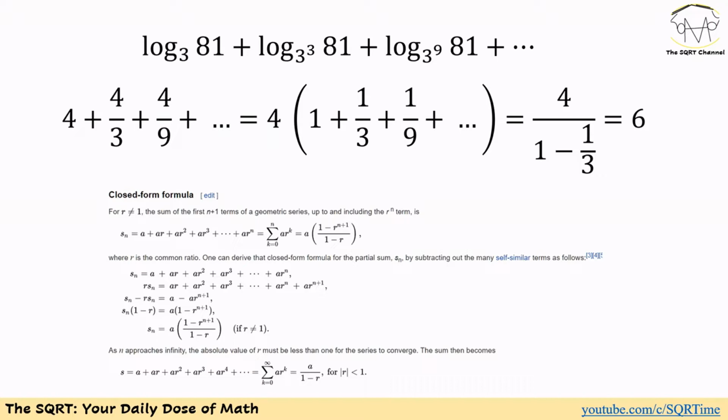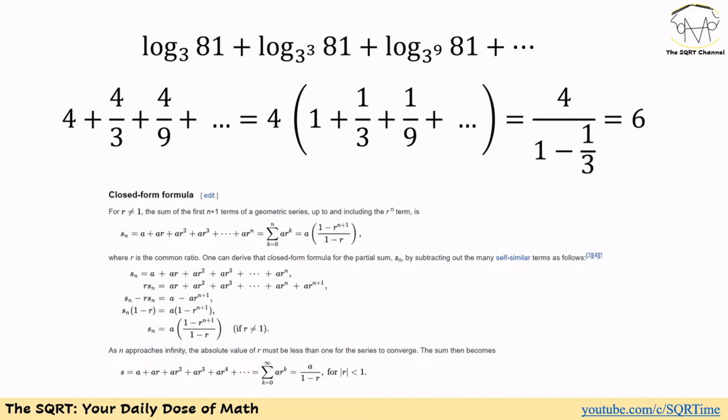If you are not familiar with geometric series, make sure that you see the Wikipedia page that we have here. When we have a plus a times r plus a times r squared and so on and so forth, and we know that the absolute value or the magnitude of r is less than 1, the geometric series can be written as the first term over 1 minus r.